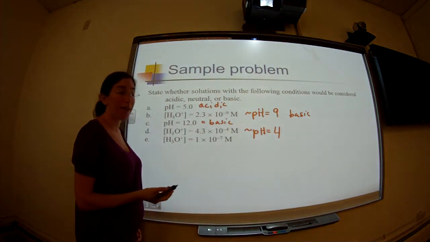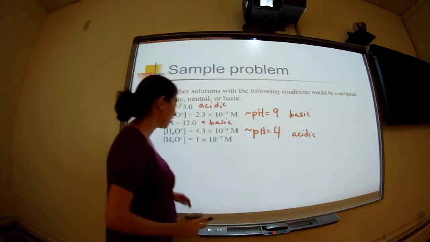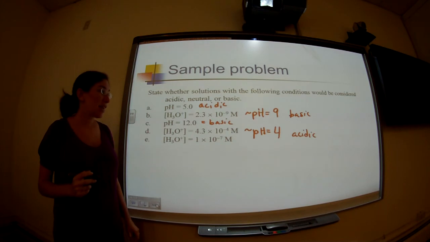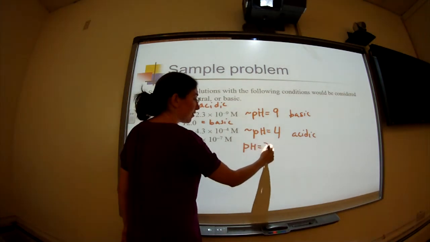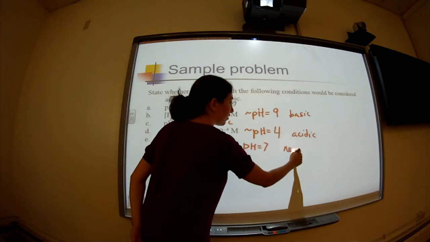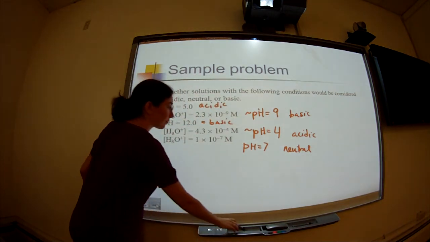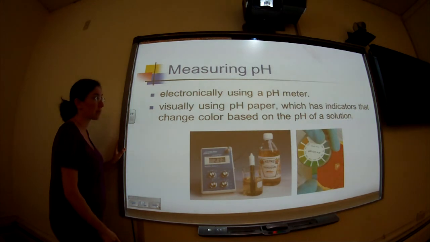So that would be acidic. It's less than 7. Hydronium ion concentration of 1 times 10 to the negative 7th. That's going to be a pH of exactly 7. So that's going to be neutral. Okay? Neutral. Awesome.